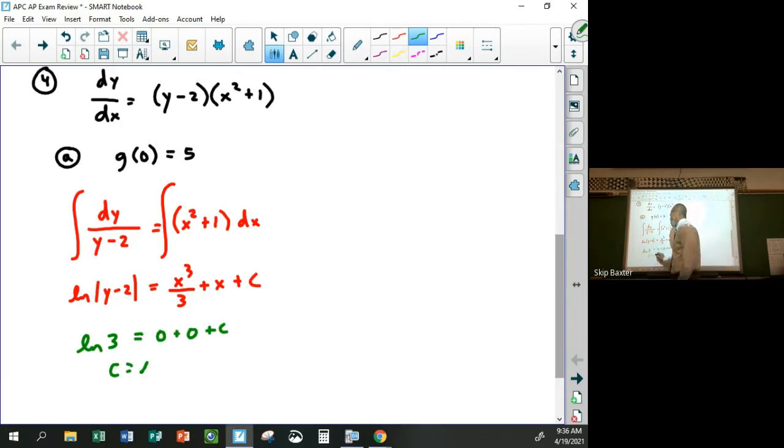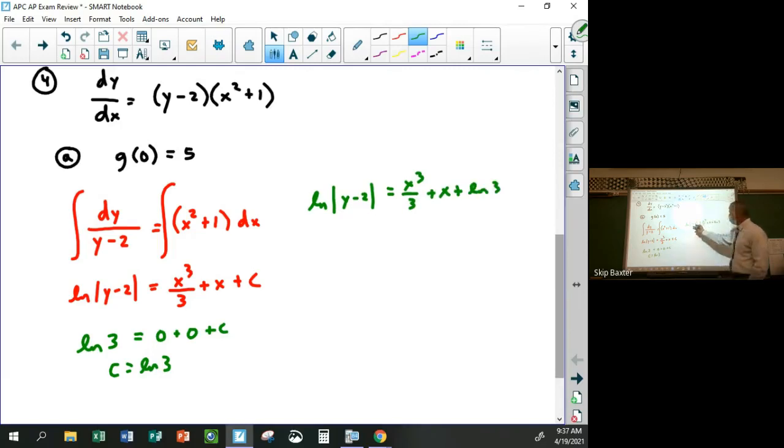So c is ln 3. That's worth 1 point, having the plus c and correctly finding it using the initial condition. And then substitute that back in. So you have ln absolute value of y minus 2 equals x cubed over 3 plus x plus ln 3.